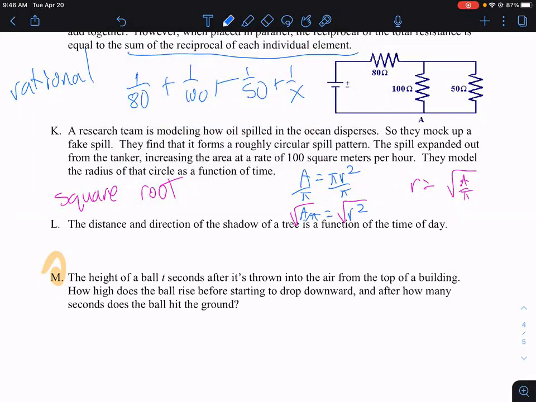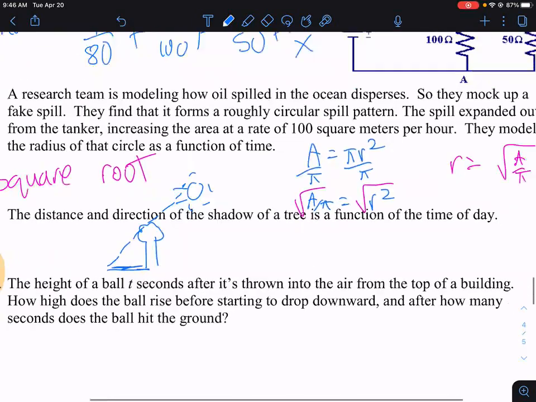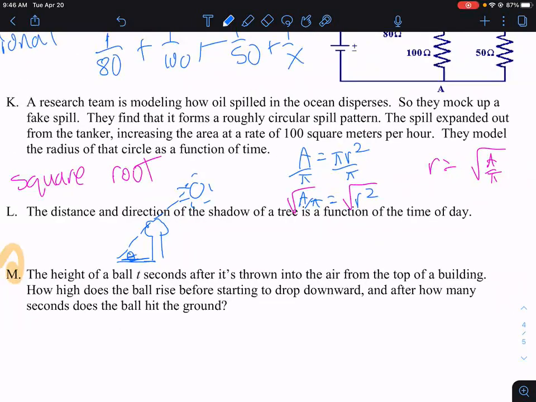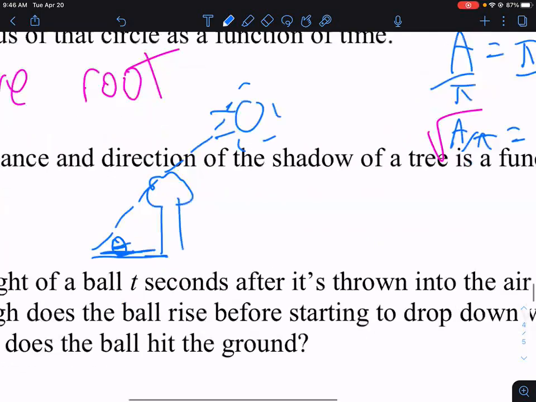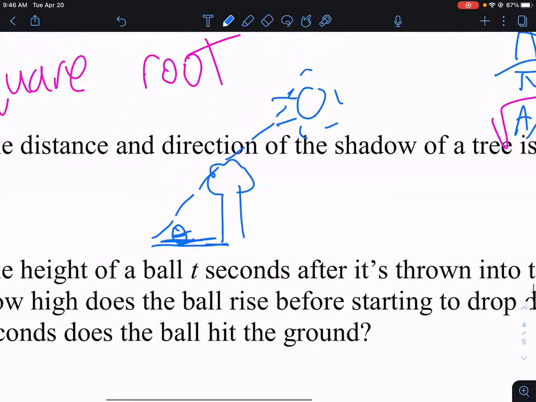Okay, distance and direction of the shadow of a tree. All right, so if the sun's over here, the shadow would be over here. When we talk about distance and direction, we're looking at the angle that is formed. So for this triangle that's formed, what could you measure?